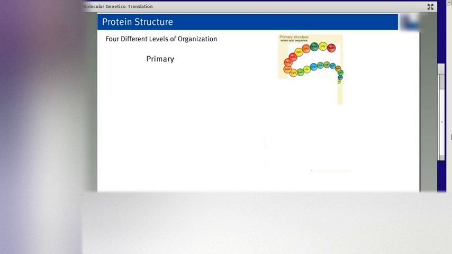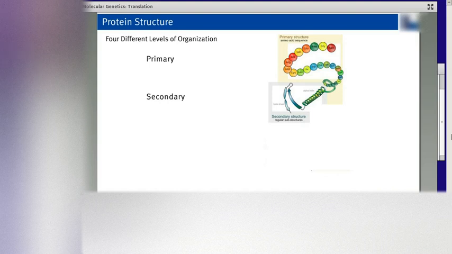All right, what about our secondary structure? Yeah, this is where we see our alpha helices and beta pleated sheets. So we would think of these as substructures, so they're somewhat localized.